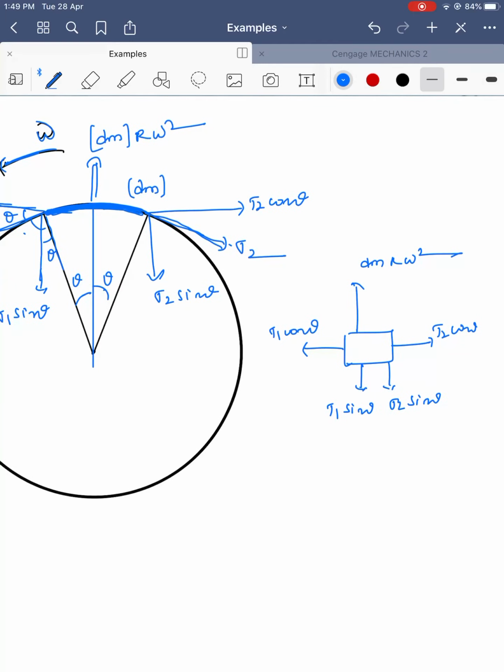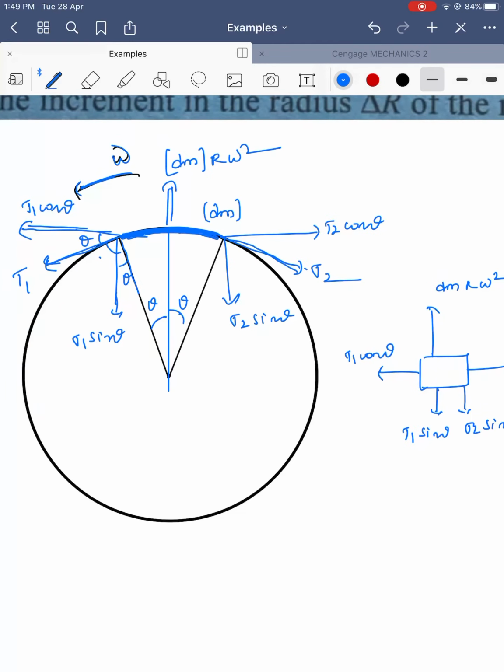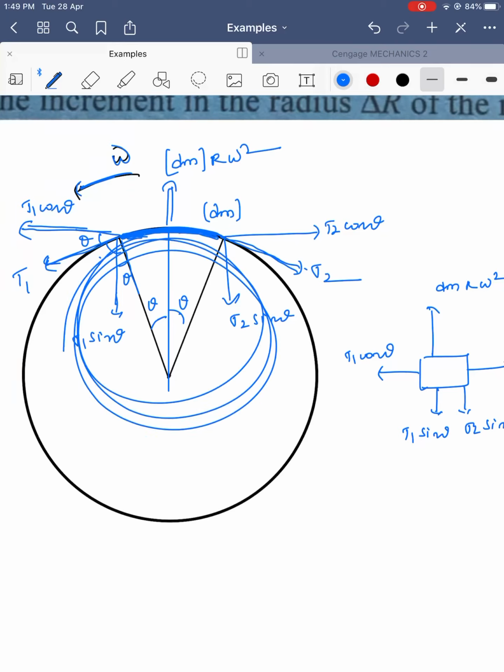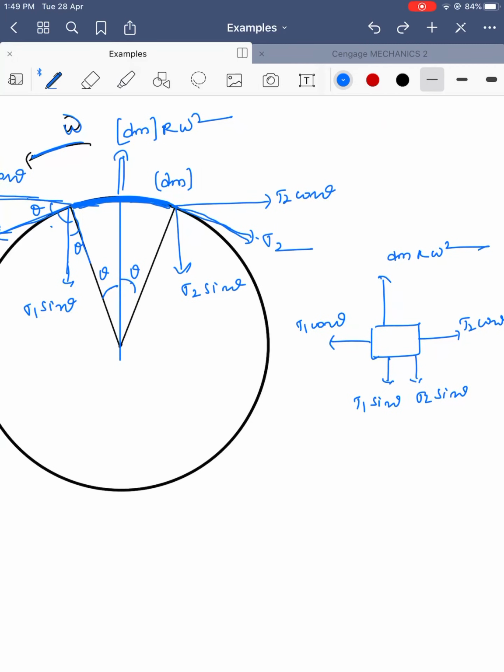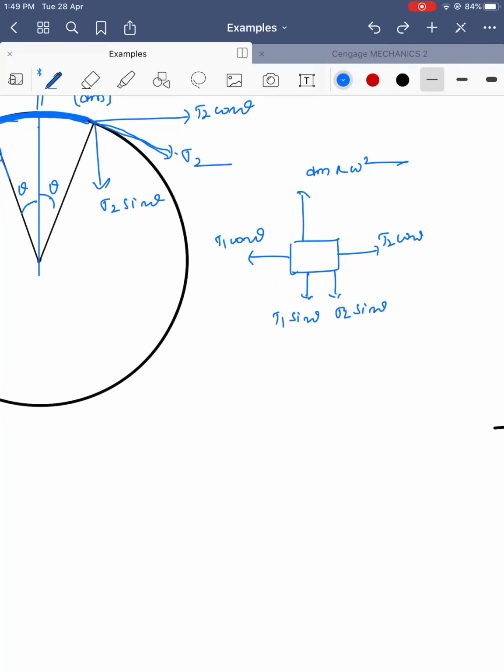It is not moving horizontally. There is no horizontal acceleration and no vertical acceleration. It is in equilibrium, understand? If it were not in equilibrium, this ring would come down, but that is not going to happen. So upward force is equal to downward force, right side force is equal to left side force. Since right side force is equal to left side force, cos theta gets cancelled. T1 is equal to T2, and I am considering T1 equals T2 equals T.